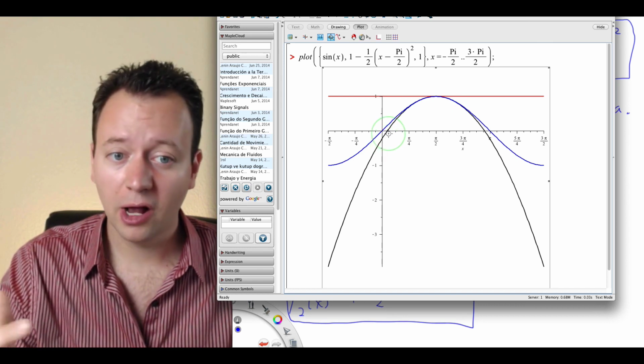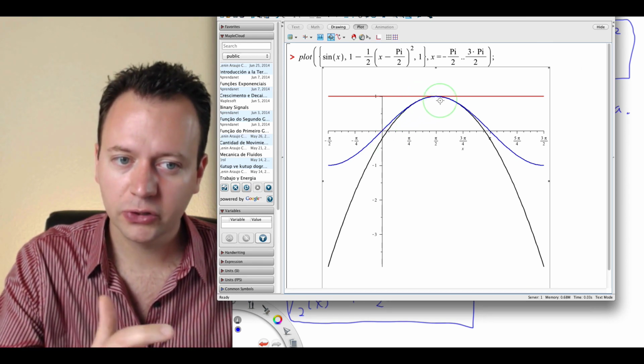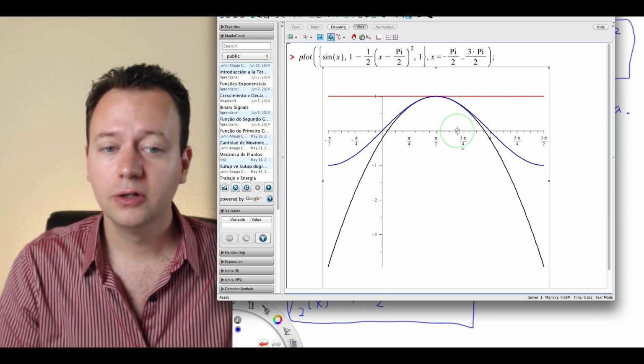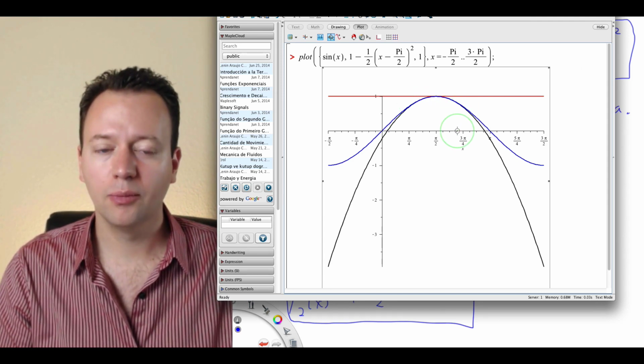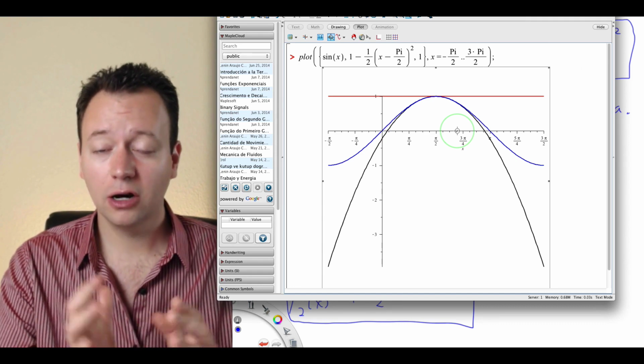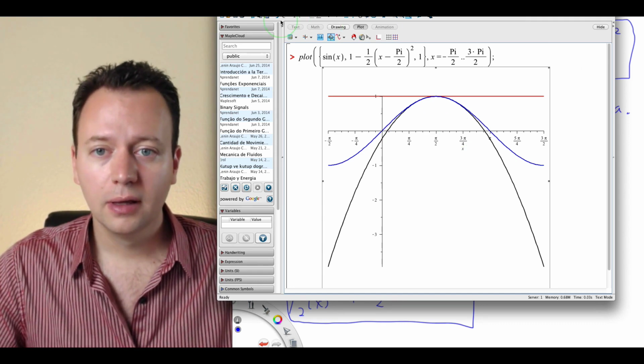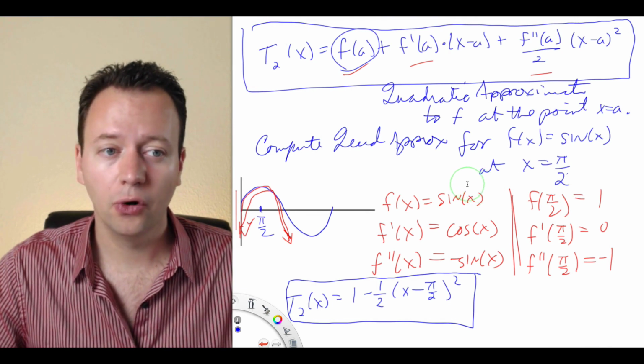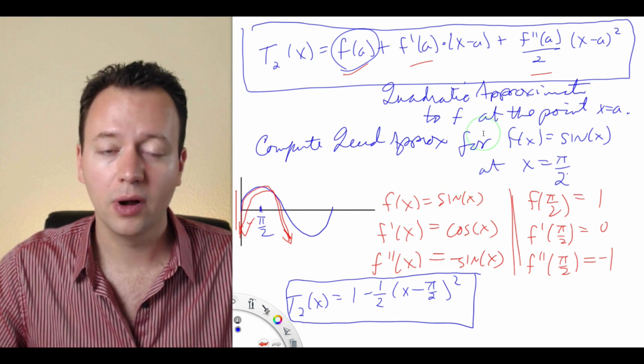The quadratic approximation stays close to the function for a much wider range of values. So you get a more accurate approximation that's valid on a larger region. That is what the quadratic approximation for sine of x looks like near the point pi over 2.